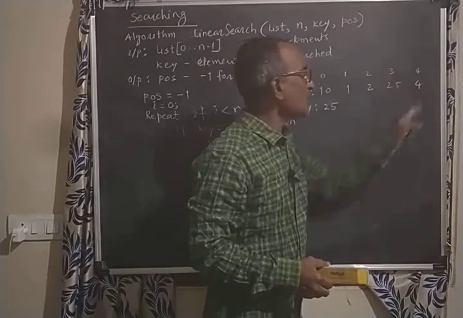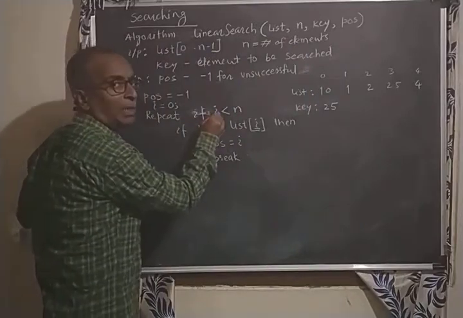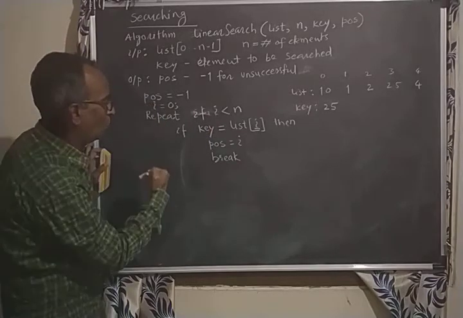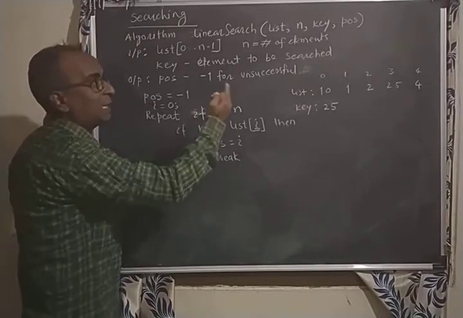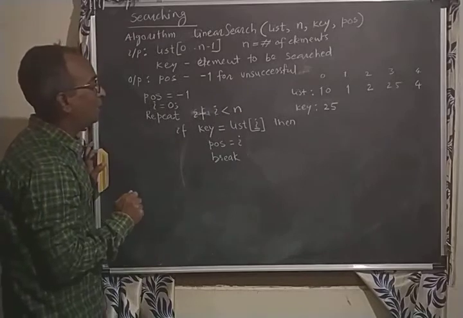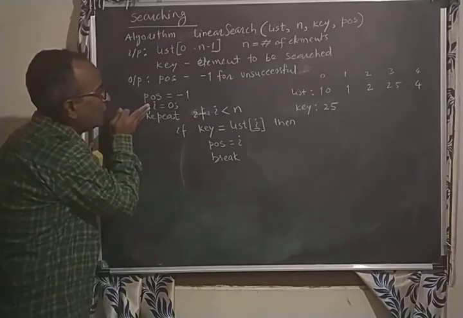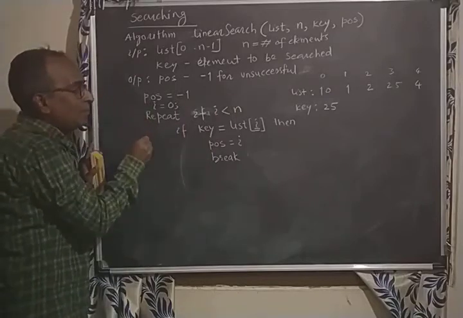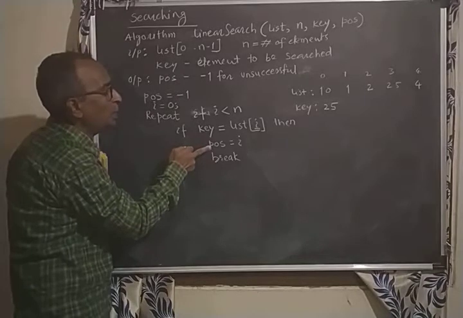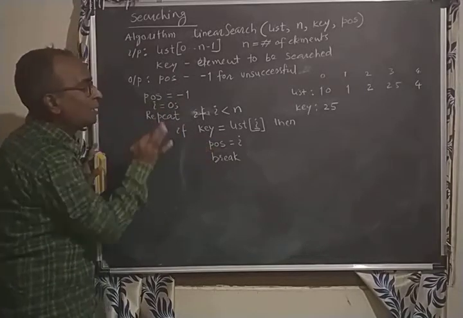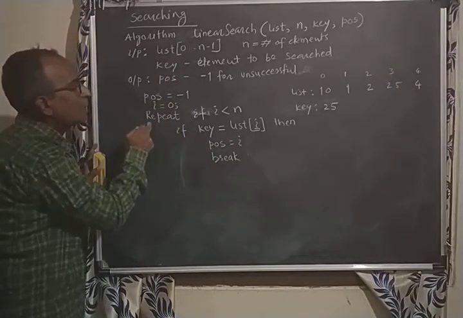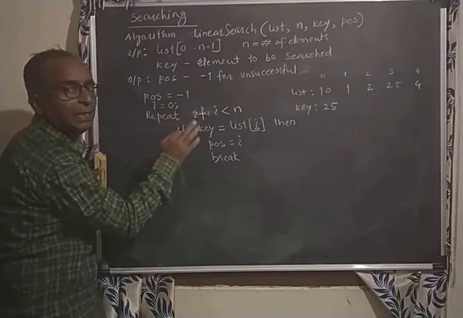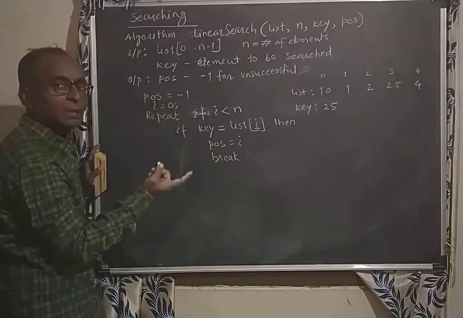Now the list will be exhausted, i will be equal to n, this condition will be false. So for unsuccessful search it will come out of this loop after examining every element. For a successful search, position will be changed. But for an unsuccessful search, this condition is always false and it will never set the position. So position will be -1 only.